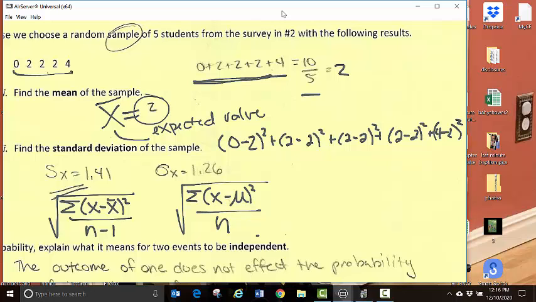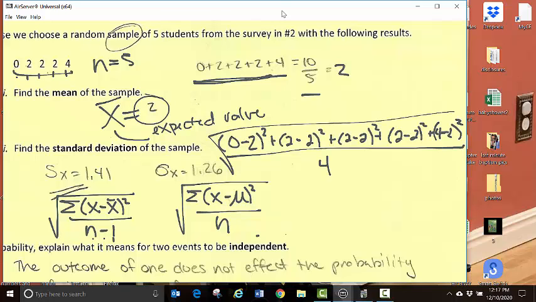Whatever that number is, and you get that number, then you divide it by the total number of numbers. N is 1, 2, 3, 4, 5. 5 minus 1 is 4. Once you've divided it, take the square root. I wouldn't try to put the whole thing in your calculator. You can, but I was talking to a student yesterday and she'd done it like 6 times and it wouldn't work. But when she broke it up, it did.